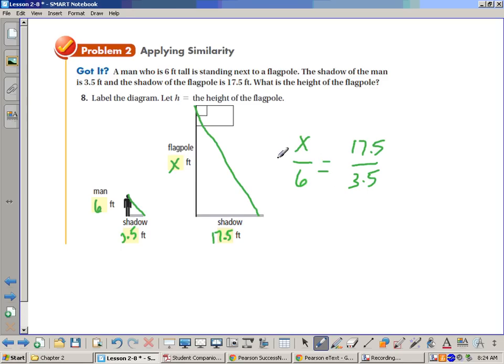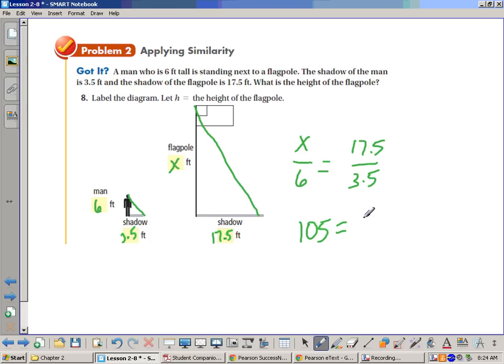There are other ways to do this. So we could have set it up as these two in the same proportion, but then these two would have to be in the same proportion. I think I misspoke earlier. So we're going to cross multiply here. We're going to take 6 times 17.5 to get 105.